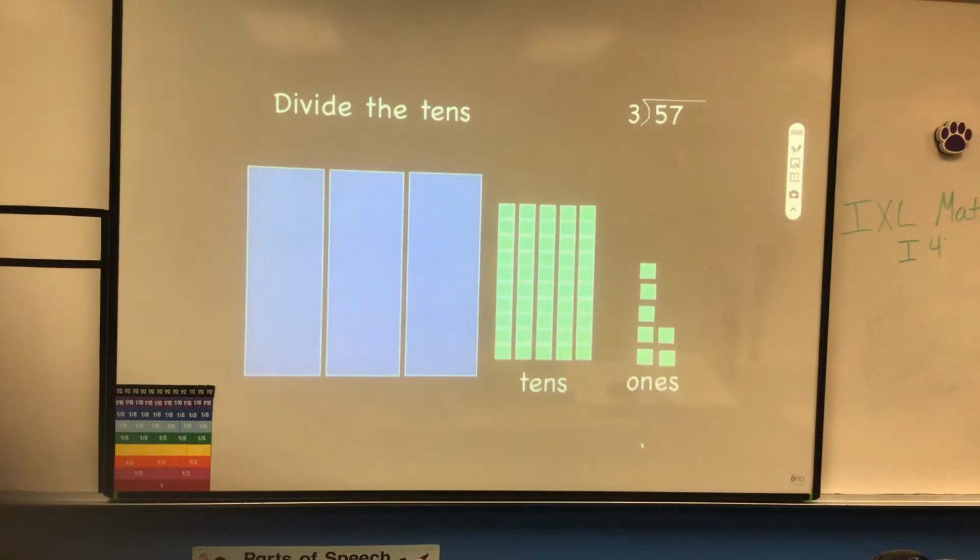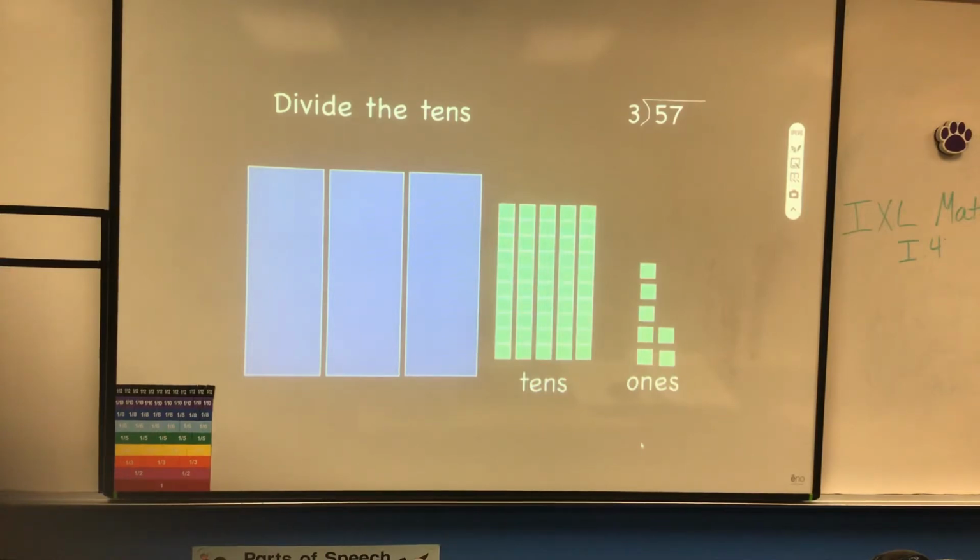Our first step is going to be to divide the tens. Well, what number is in the tens column? It's a 5. Now, 5 is the dividend, and it's being divided by 3. 3 is the divisor. If the divisor is bigger than the dividend, then you're not going to be able to divide by tens. But for this model, we can, because there's 5 tens, and we're dividing them into 3 equal groups.